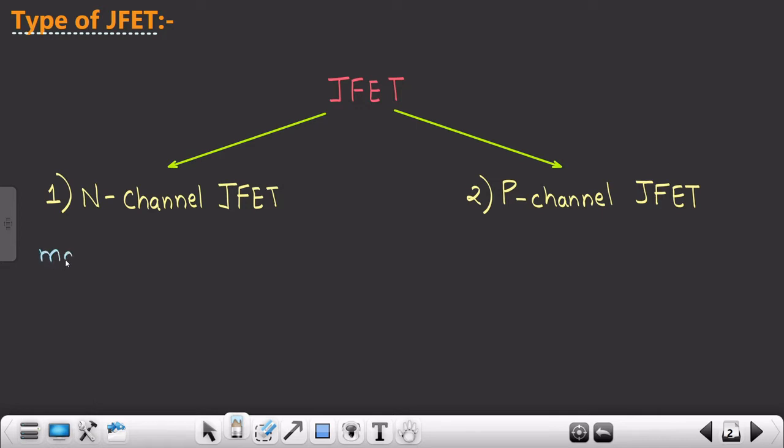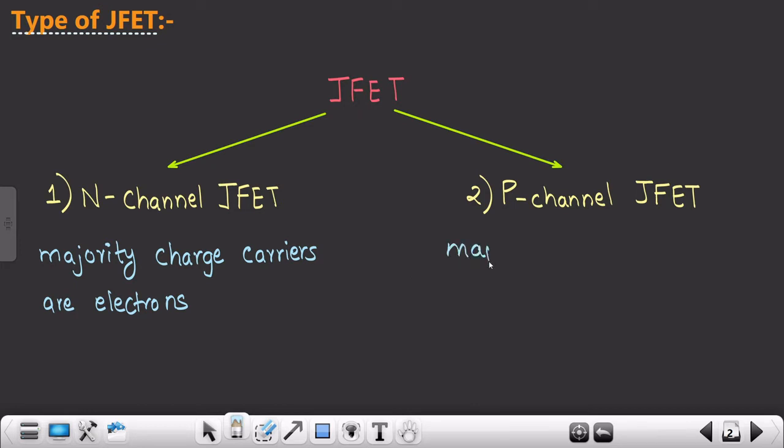Majority charge carriers are electrons in the case of N-channel JFET, and over here majority charge carriers are holes. So whenever I say majority charge carriers, that means the current flows because of electrons in the case of N-channel JFET, and in the case of P-channel JFET the current flows because of holes.